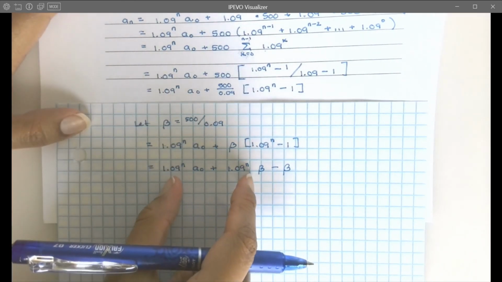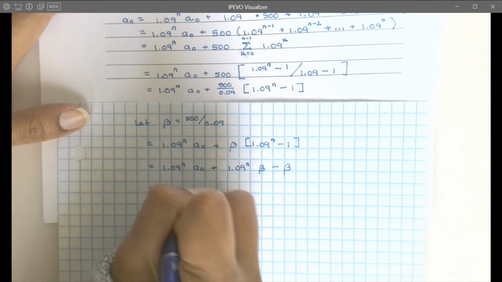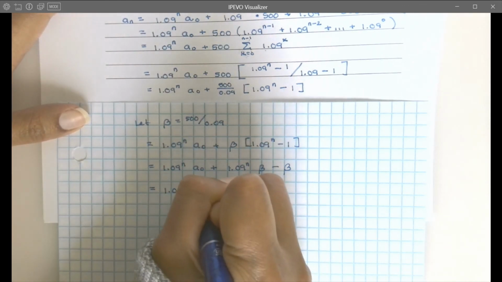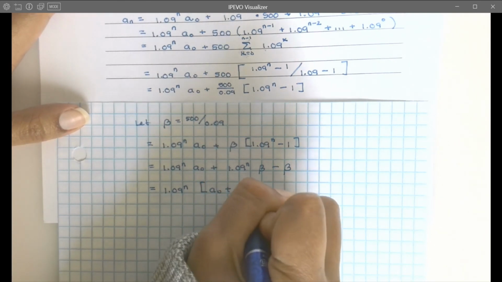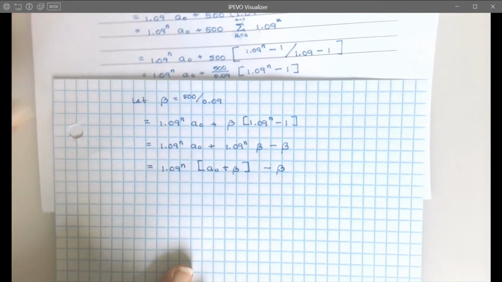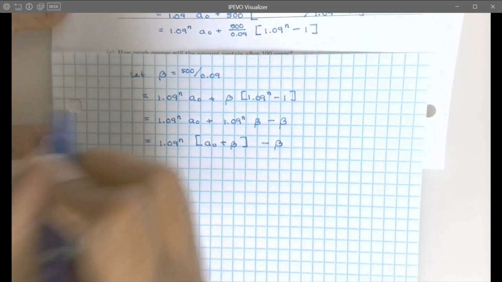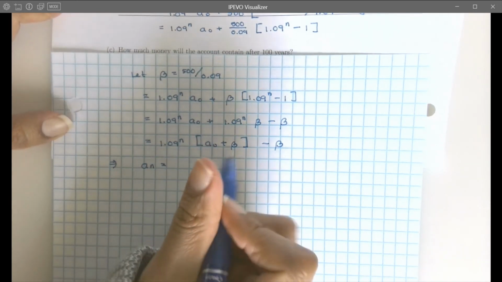And these are like terms. We can factor out the 1.09 to the n. We're going to end up with A0 plus beta and then minus beta. So all together, we now have a sub n explicit in terms of n.